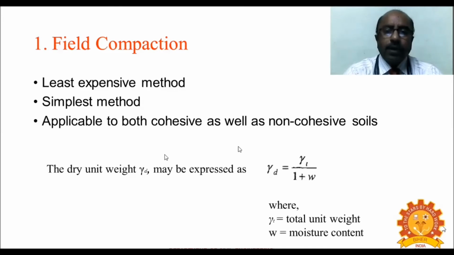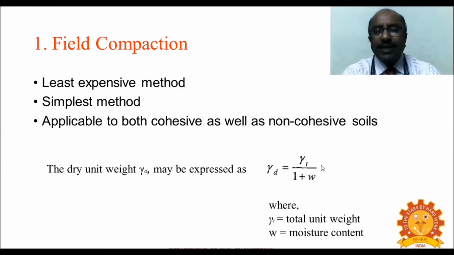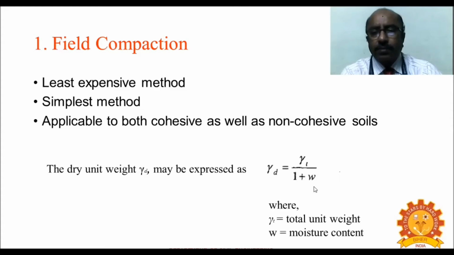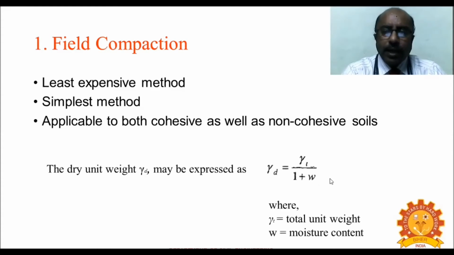Now, what is it that we are doing here? As we have shown in soil mechanics or during engineering, you know what is gamma d? It is the dry unit weight. This dry unit weight can be expressed as gamma d equals gamma t by 1 plus w, where gamma t is the total unit weight, and if you know the moisture content of the soil, then you can find out gamma d.